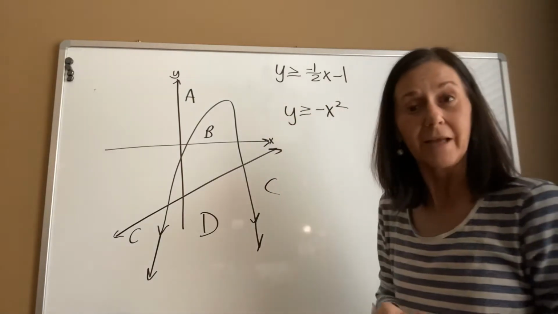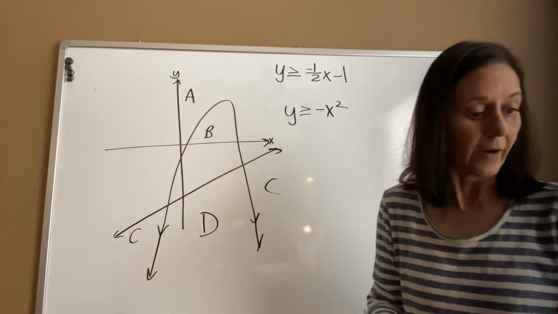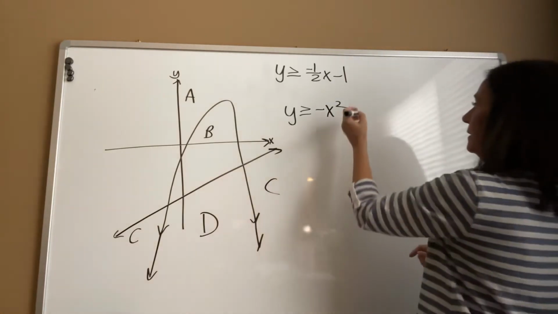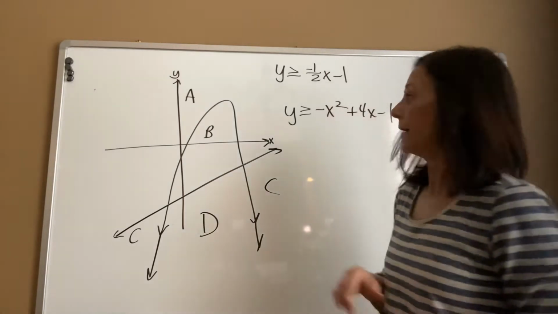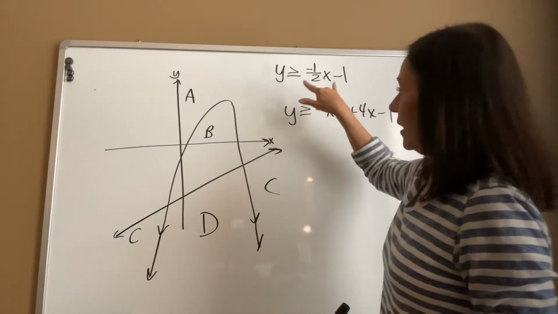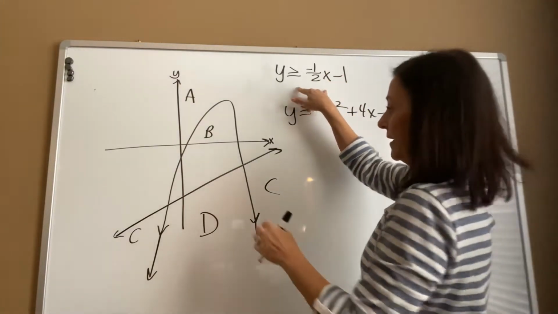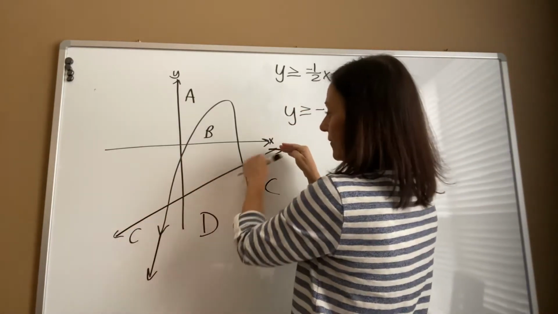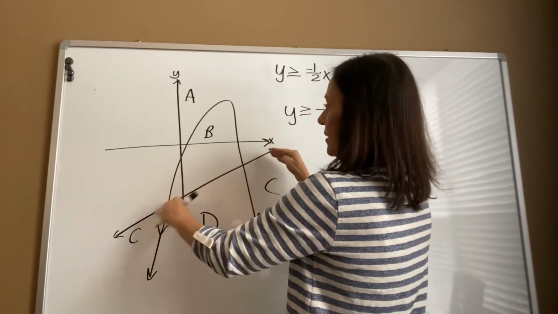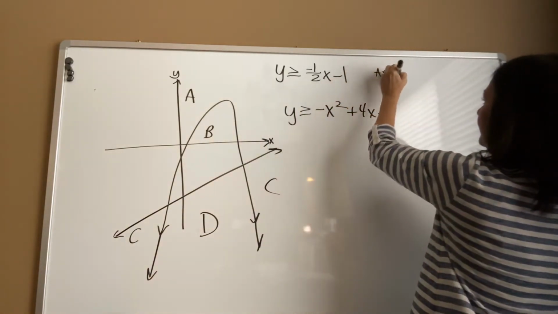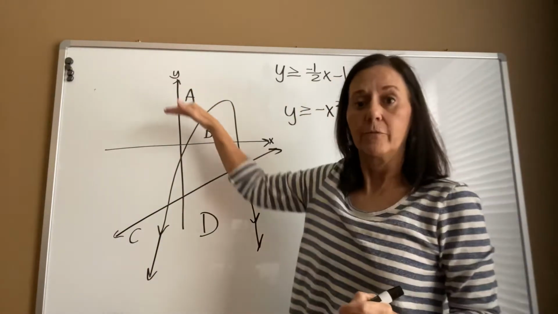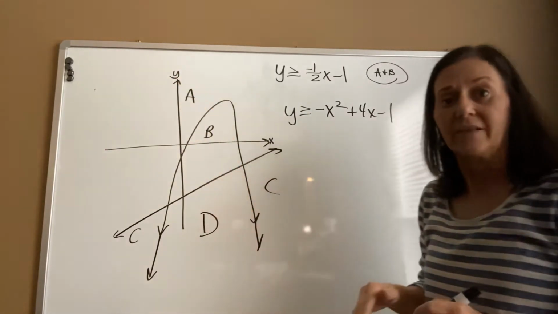We should have anticipated that -x squared because that parabola opens down, plus 4x minus 1. All right, so greater than the line. What regions are greater than the line? That means above the line. So both A and B satisfy the regions greater than the line.